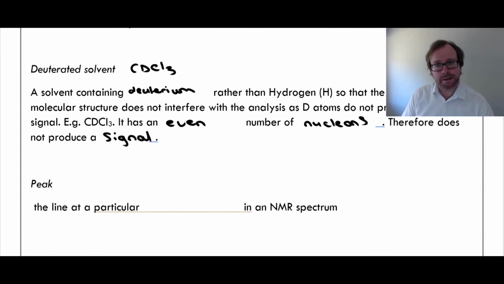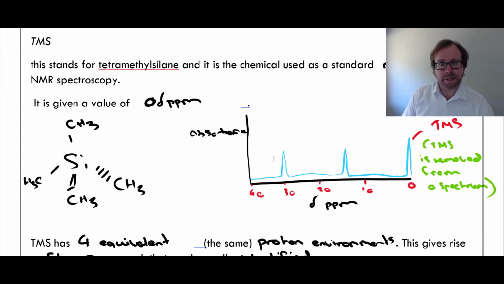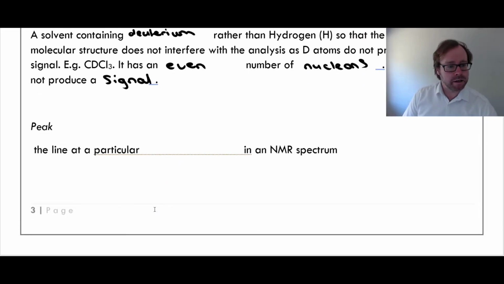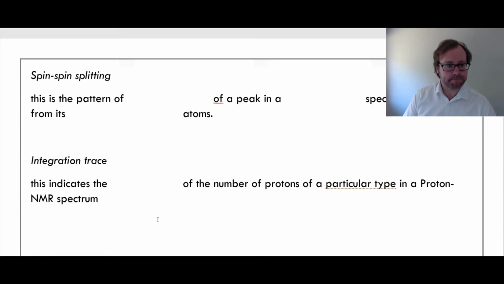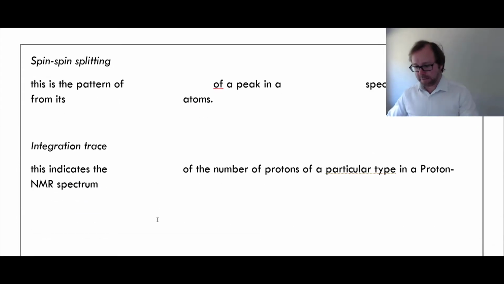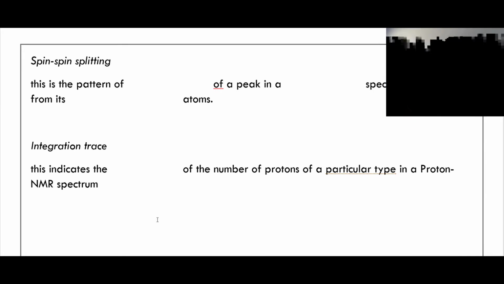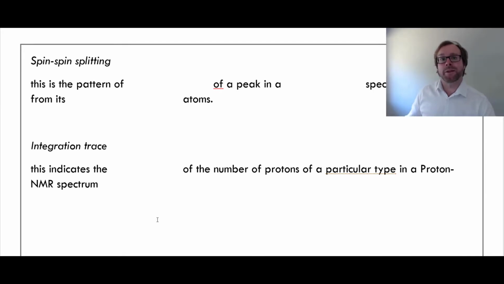Okay, and moving on. So peak, as in our examples here, is the line at a particular frequency in an NMR spectrum. Now I'm going to just tell you what these are, but I'm not going to explain anything because that's going to be in the next video. So spin-spin splitting.